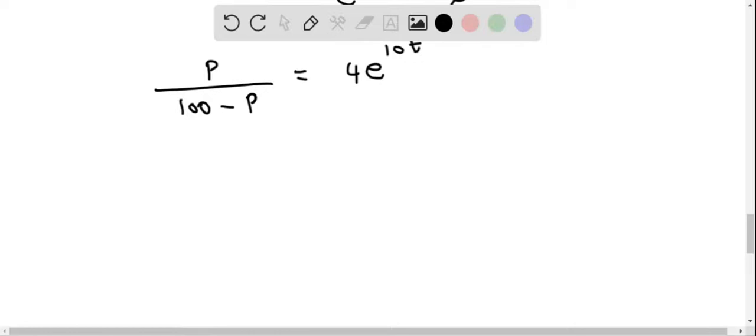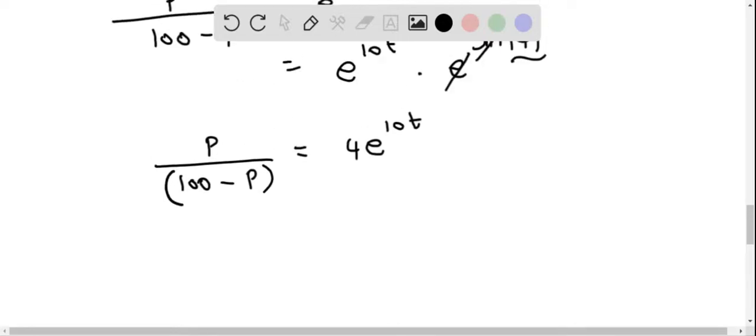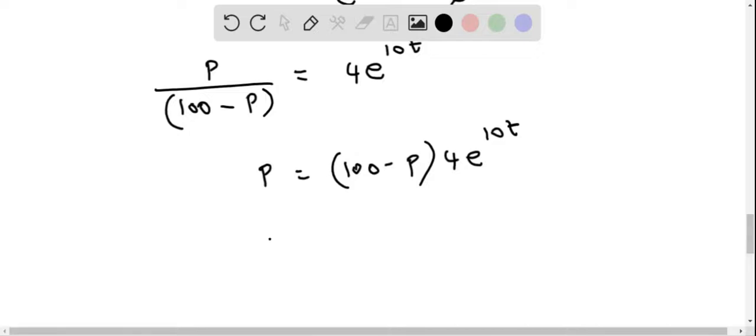Now we multiply both sides by this one. Basically we have to solve for p from this equation. So p equals 100 minus p times 4e power 10t, and this equals, we can distribute this into the terms inside the bracket.